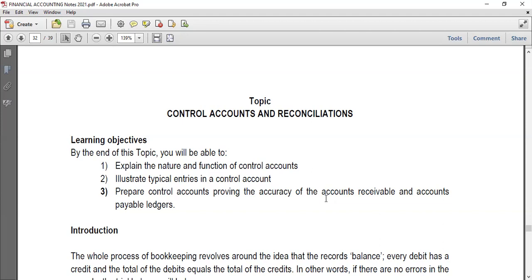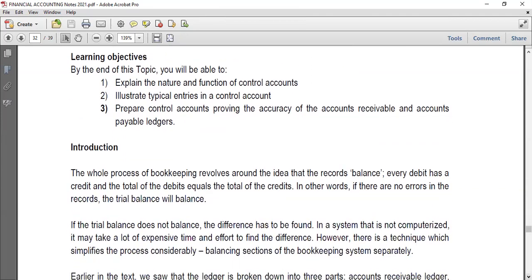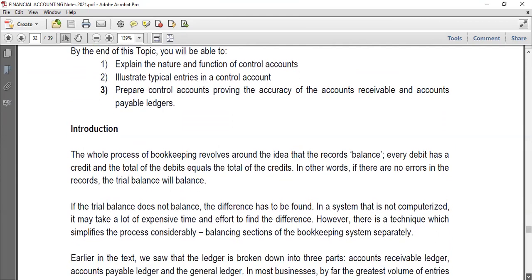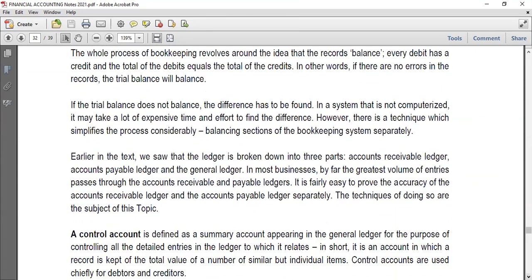We also want to be able to illustrate typical entries in a control account, and prepare control accounts, proving the accuracy of the accounts receivable and the accounts payable ledgers, okay? We are going to understand this as we go on.